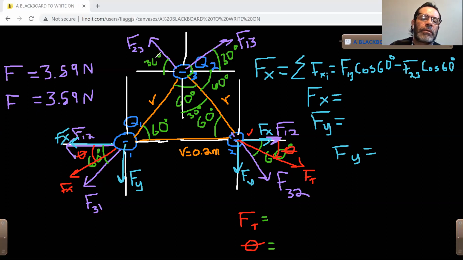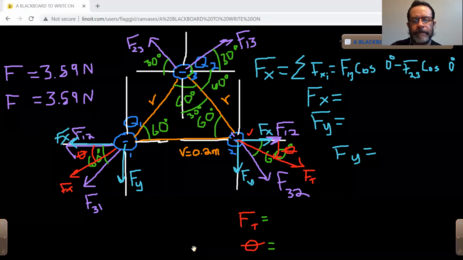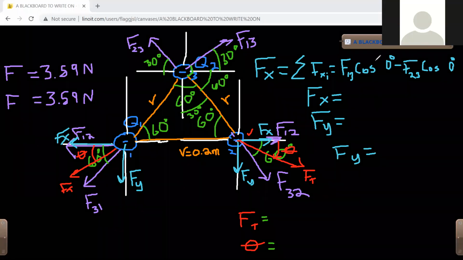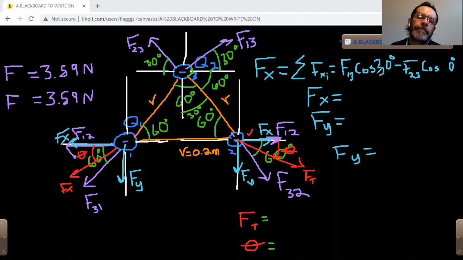Correct. That's a good observation. I made a mistake, so it would be cosine of 30. Okay, it will still be 60, no? Yes, it is 60. It's just a mirror, like the free body diagrams that we did.